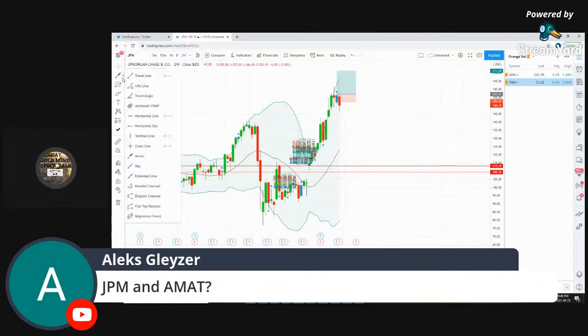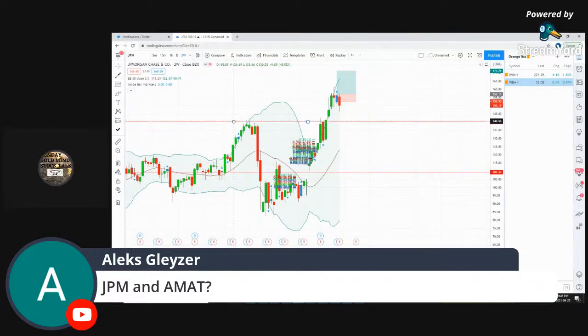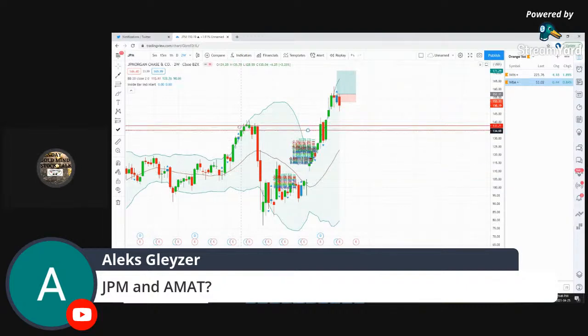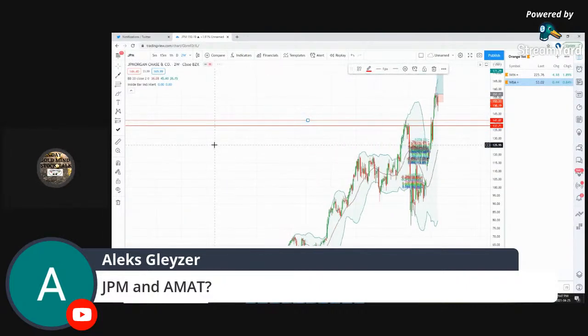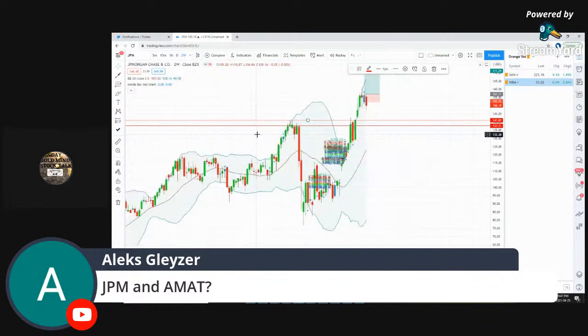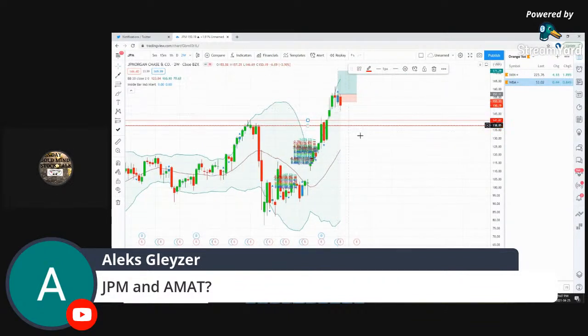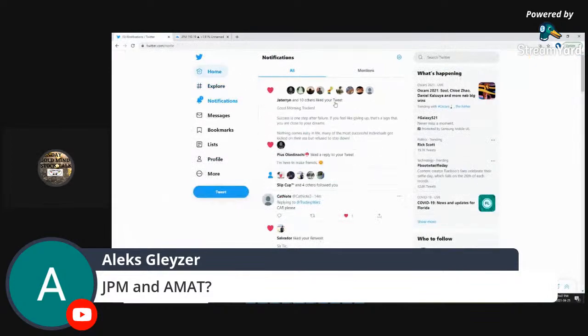So what I would expect here for JPM is, you see this previous all-time high, this area from here back up to here. These areas, previous all-time highs, love to act as support, and they kind of act as magnets. So I wouldn't be surprised if JPM pulls back in here and starts consolidating, then looking for the next leg up.